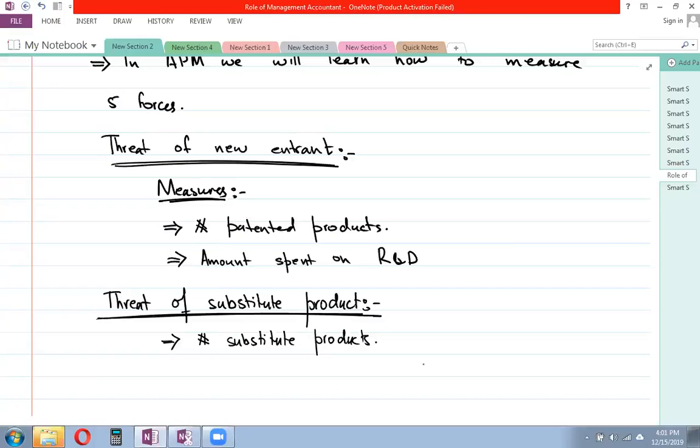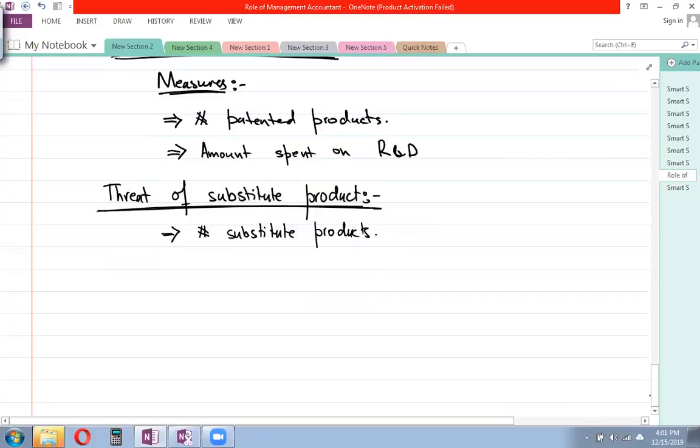Like Windows and the Apple operating system, I think they call it Apple Macintosh or something. So basically it can change. The customer has the choice, right? So the number of substitute products available could be a good measure, right?